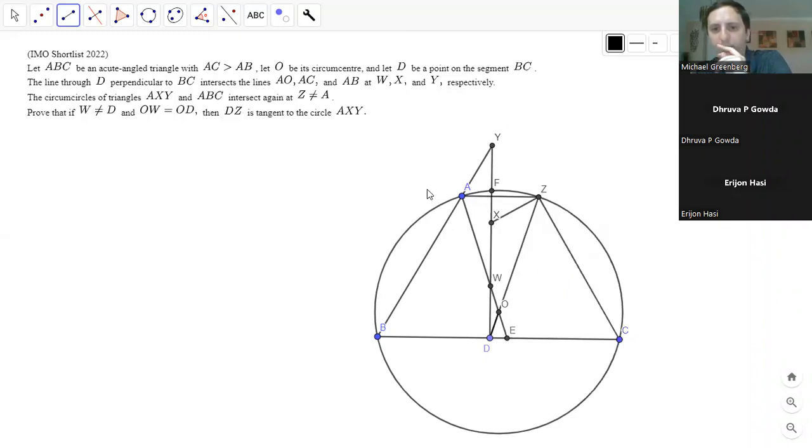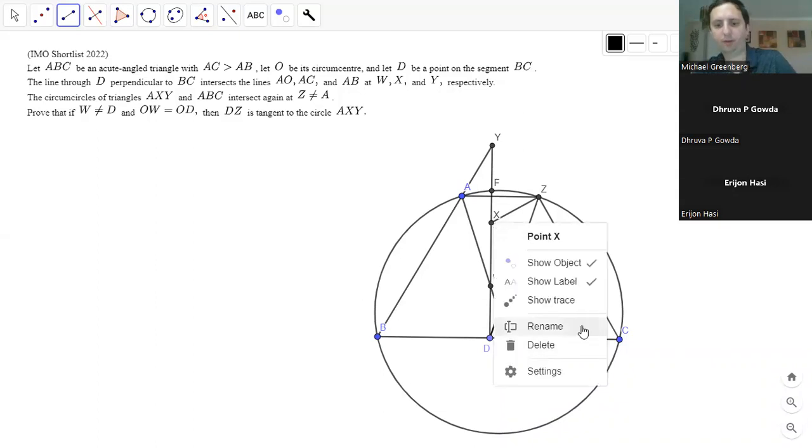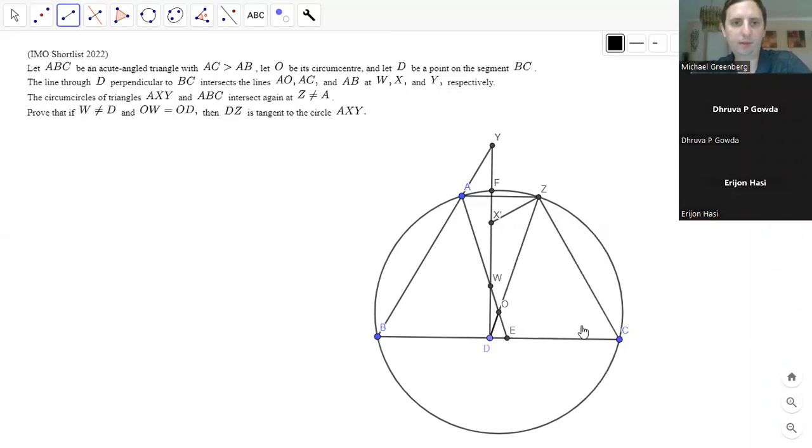So maybe first we could show this is cyclic, and then we could show A, X and C are collinear. So this would be like X prime. It's a little bit complicated, but I think it might be okay. Let X prime be this, and then angle AZX prime would be angle AZC minus 90.